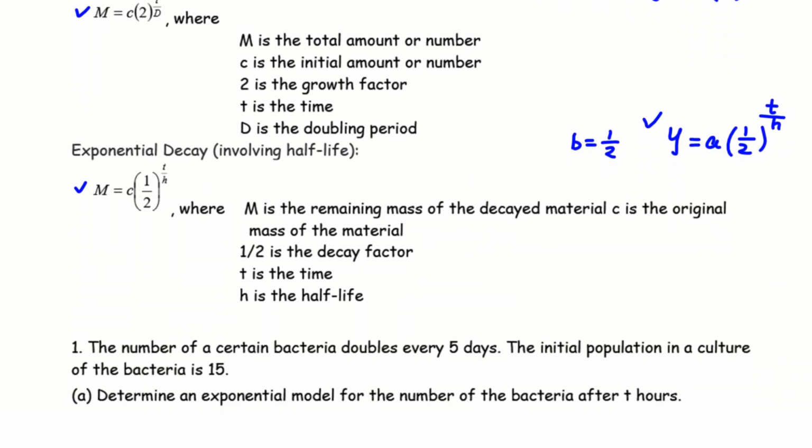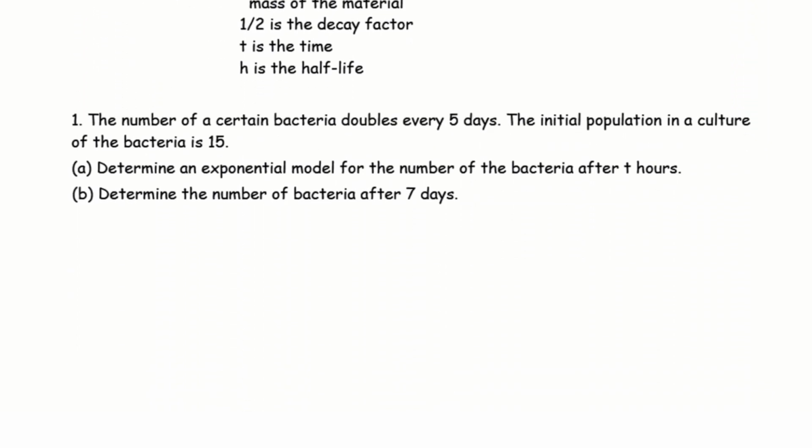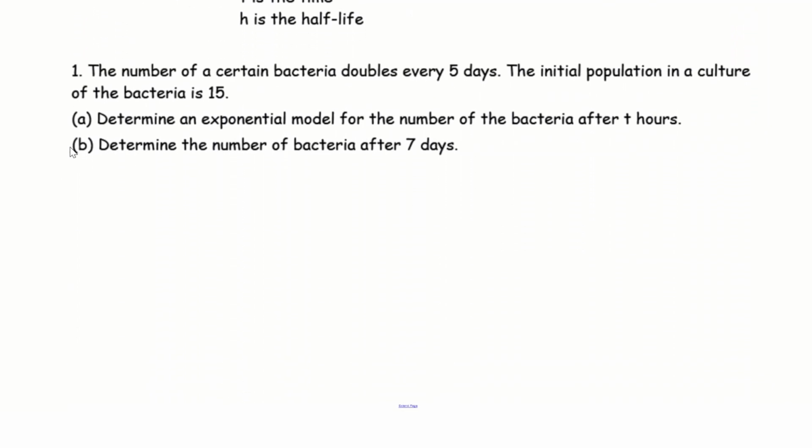So now we are going to see where we could use exponential growth or decay to solve applications in the real world. The number of a certain bacteria doubles every 5 days.